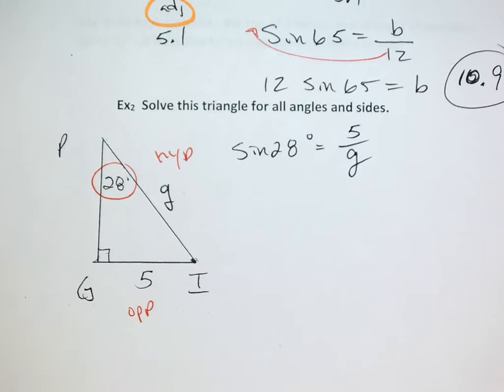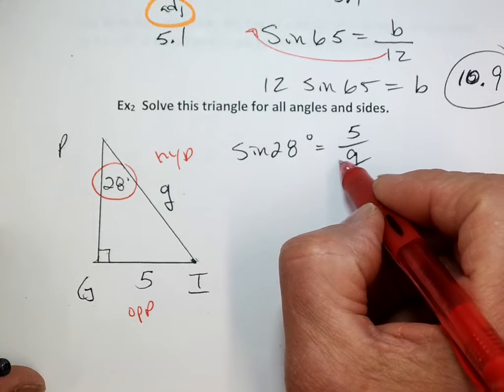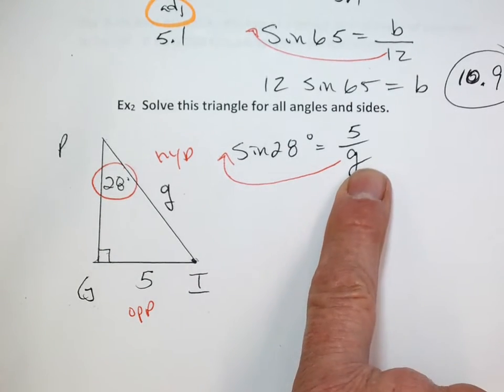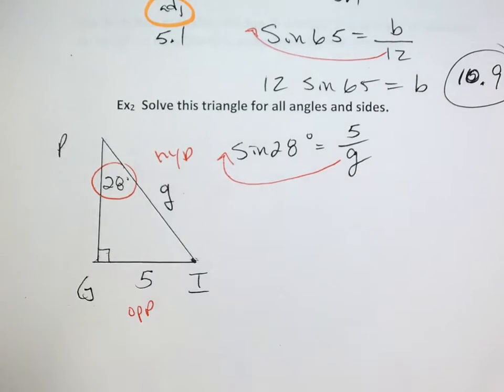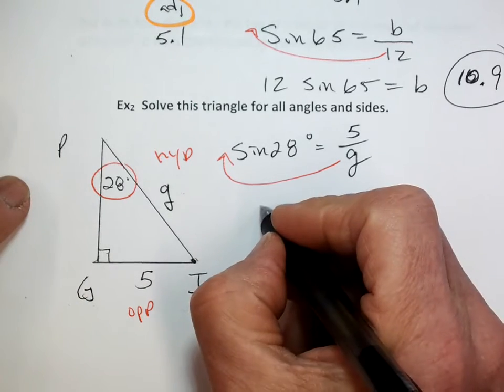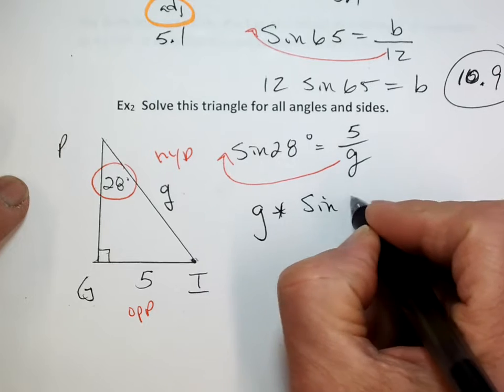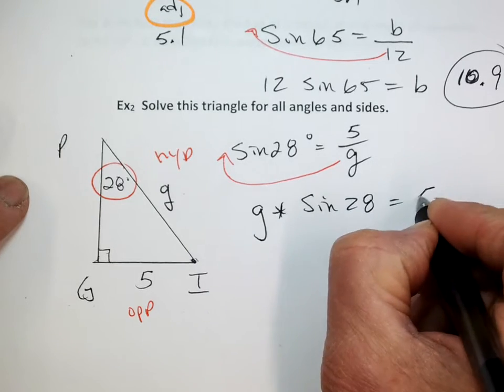Now, if the variable is on the bottom, here's how you do it. Multiply by g, and the g comes up. You get g times the sine of 28 equals 5.